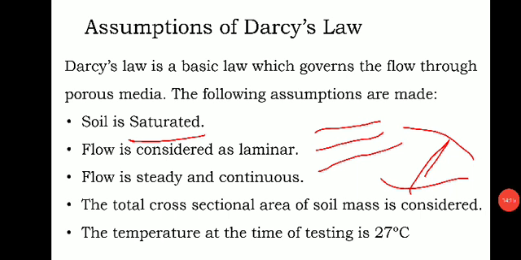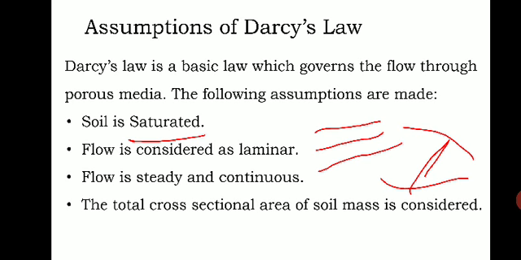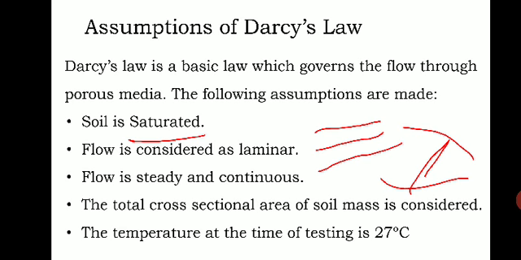So these are all the assumptions made in Darcy's law. Here the question is very important: write a note on Darcy's law and the assumptions as well as the validity of Darcy's law. All three concepts are very important.